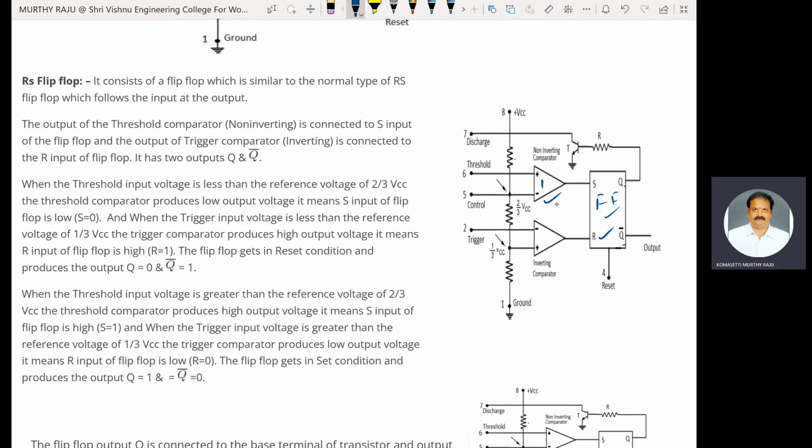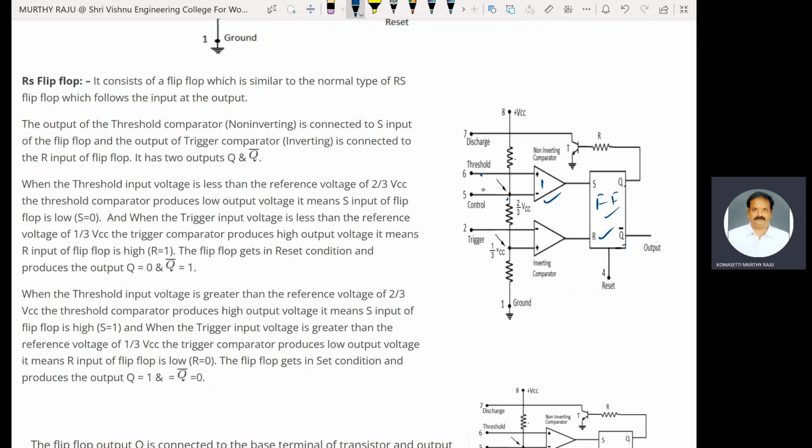When the threshold input voltage at the 6th pin is less than the reference voltage 2/3 VCC, the threshold comparator, comparator 1, produces low output voltage. It means the S input of the flip-flop is 0.